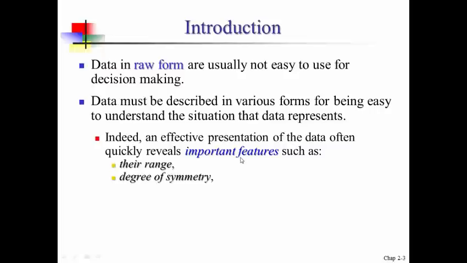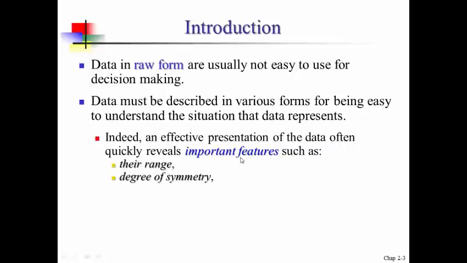Symmetry means one thing is symmetric: the right part and the left part must be of the same or similar size and similar shape. That's why it is symmetry. So degree of symmetry means, compared to the middle, the lower side and the bigger side, are they of similar shape? Are they a similar picture?